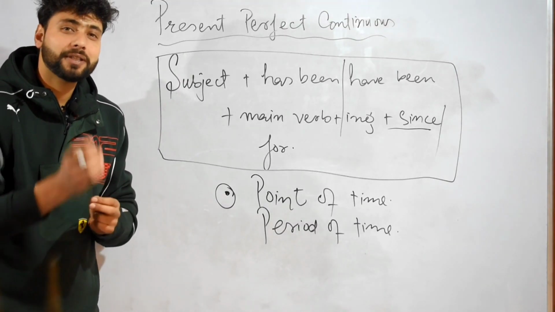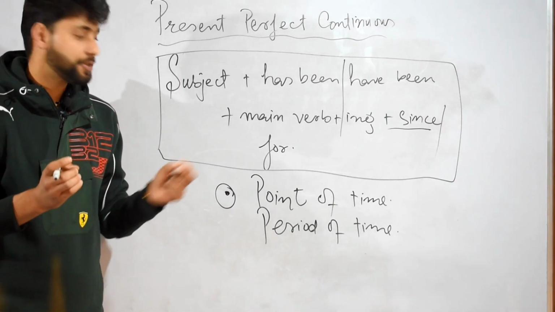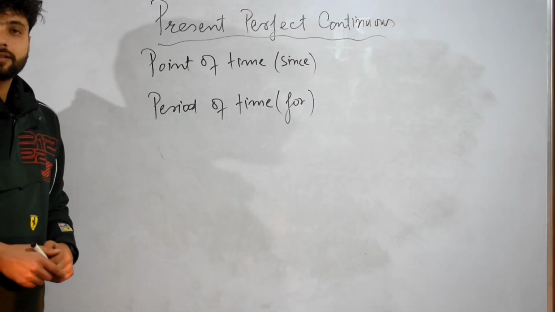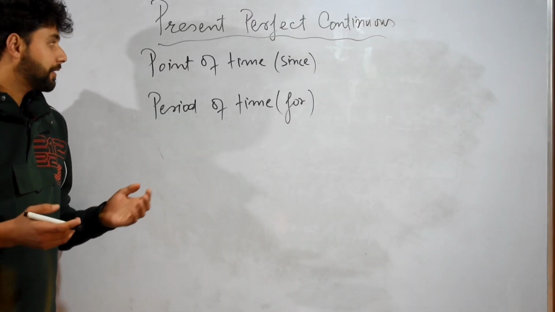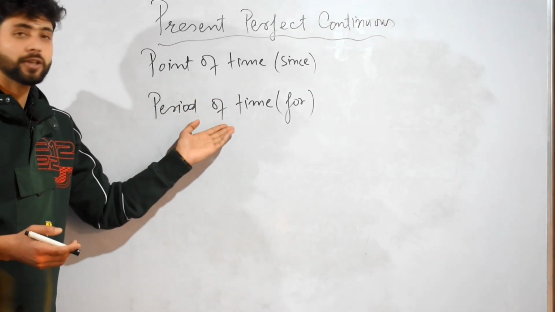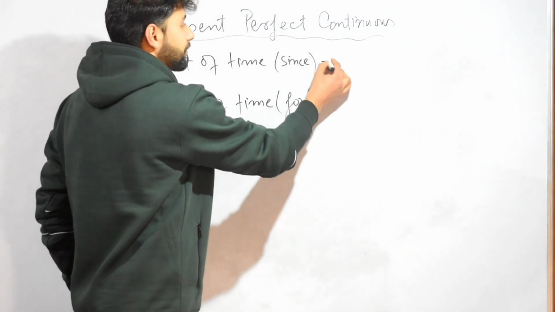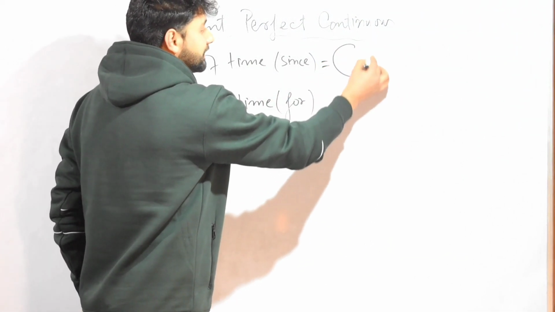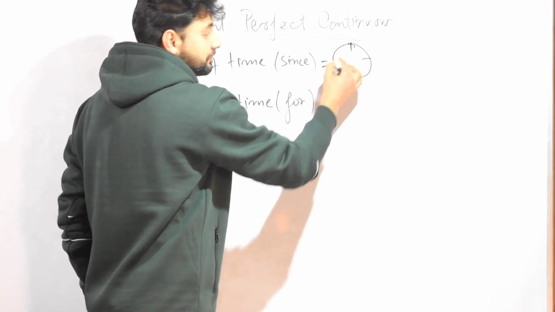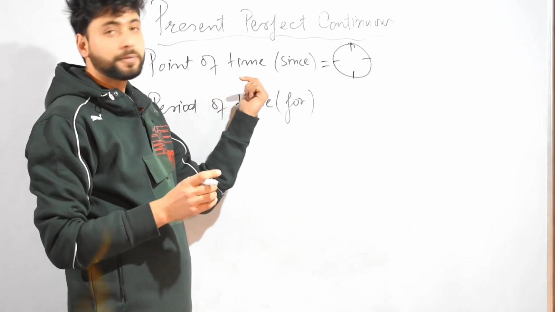I'm going to talk about a technique as well by which you would be able to remember point of time and period of time. The technique to remember point of time, since, and period of time, for, is this: this is a clock. This is one technique to remember point of time.